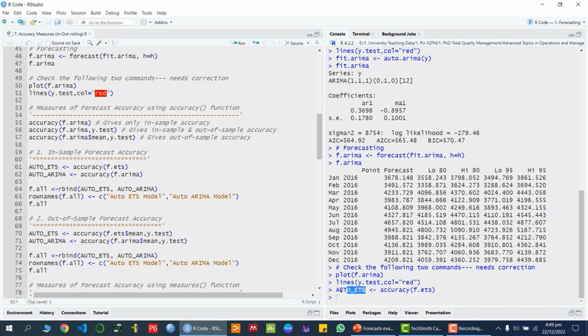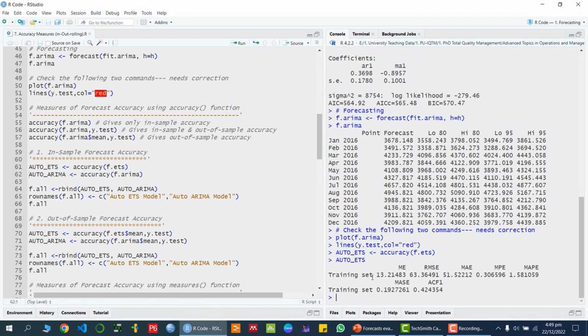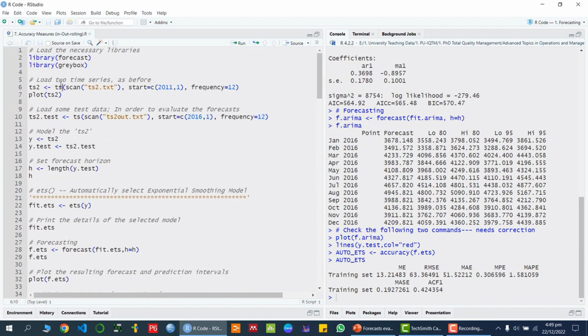So with the help of this, let me run this again, that is auto ETS. So as you can see, it is showing us the training set forecast error. So the training set, meaning in sample, is basically the data set from 2011 to 2015, which was this one, not the test data set.